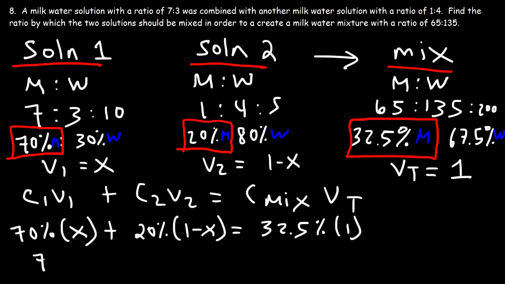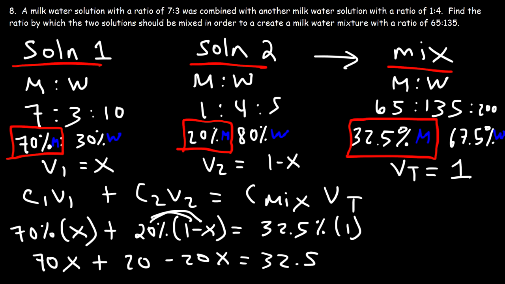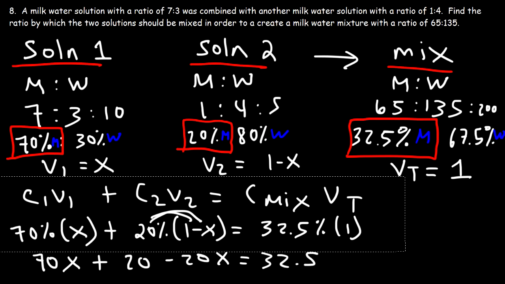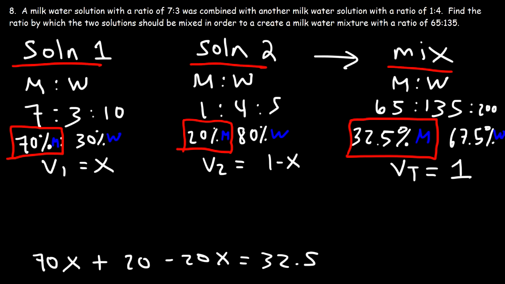So this is going to be 70X, and then we have 20 times 1, which is 20, 20 times negative X, and this is 32.5. So let's combine like terms. We have 70X minus 20X, which is 50X.